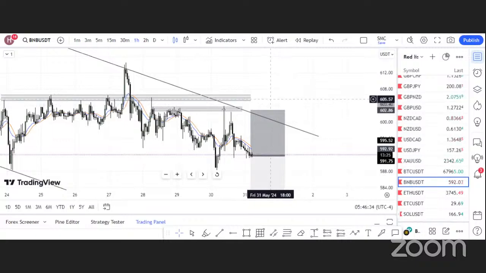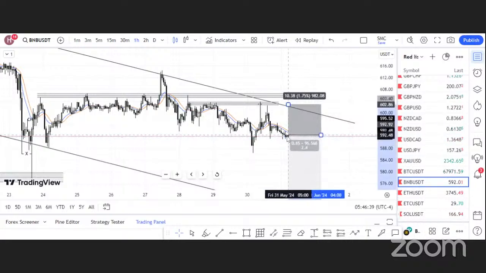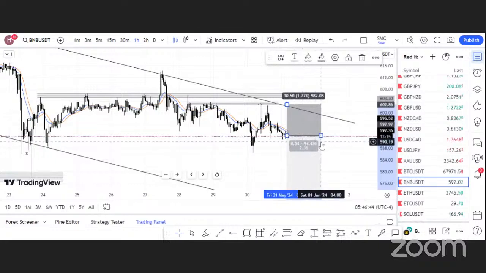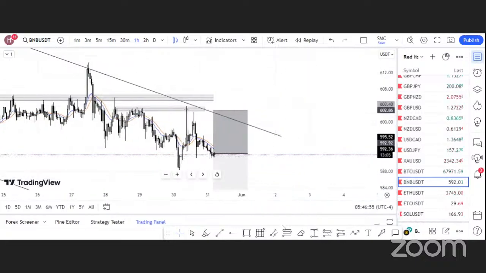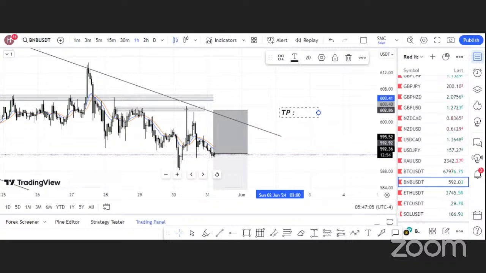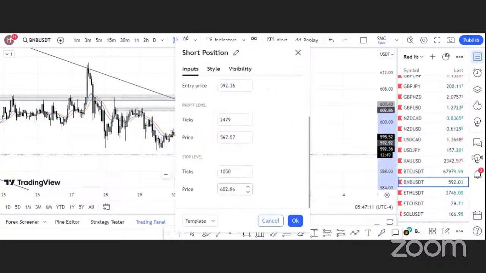So if you have enough capital, I'm just going to put out the take profit and the stop loss in case you are interested in opening a position based on this analysis. So let me just copy out the entry, sorry, the take profit and the stop loss. So the TP is this, and the stop loss.